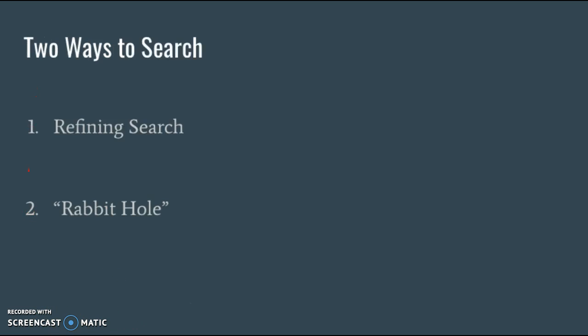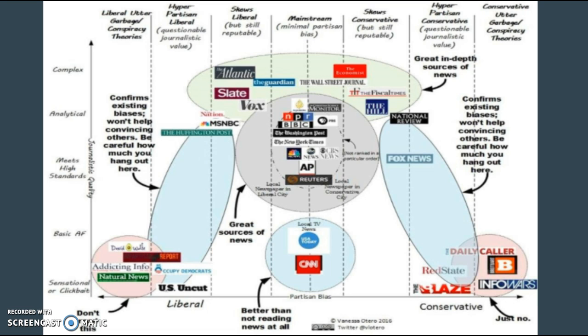There are lots and lots of sources on the internet to help you evaluate other sources on the internet. And this one here is one of my favorite infographics to help you see which sources are best to use in college level essays. The sources in the middle are great sources of news, while these sources up here provide a little bit more in-depth information on specific topics.